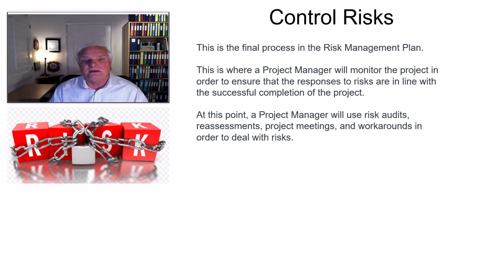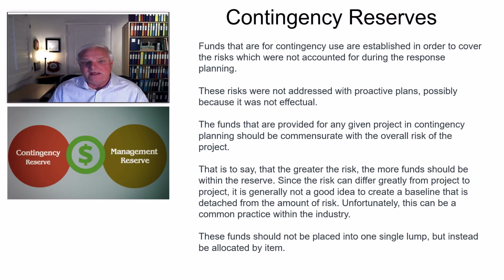That's what you need to do. You need to focus on those areas, not only from a negative perspective, but from a positive perspective. You've got to have both. You've got to be able to exploit the positive risks, and you've got to be able to find a way to mitigate or eliminate the negative risks. That's what makes a great project manager.